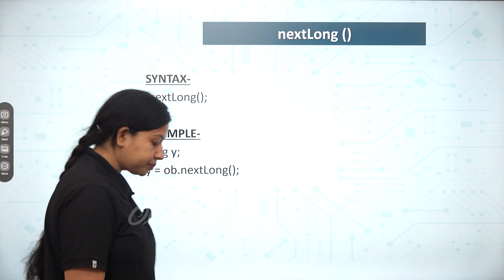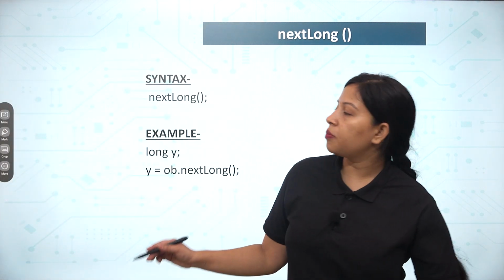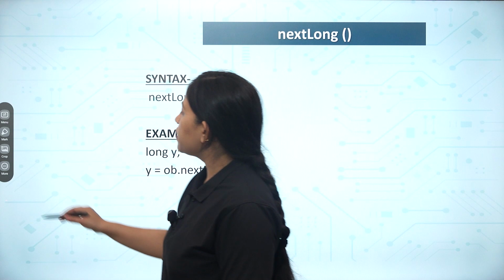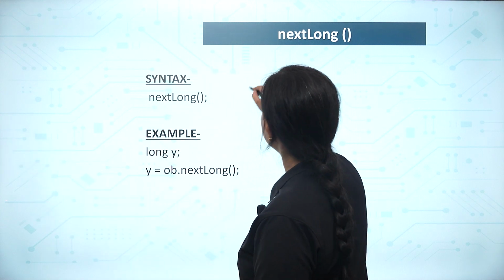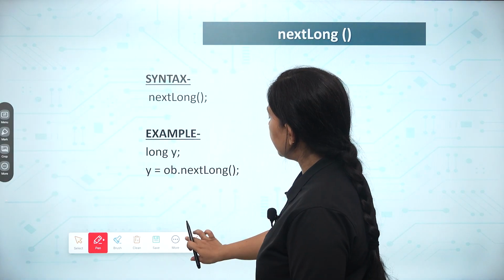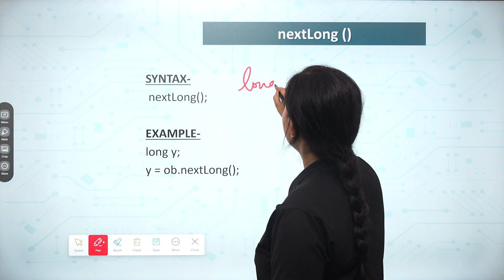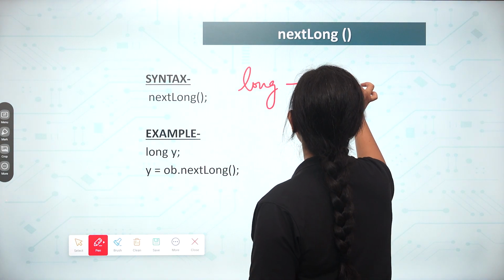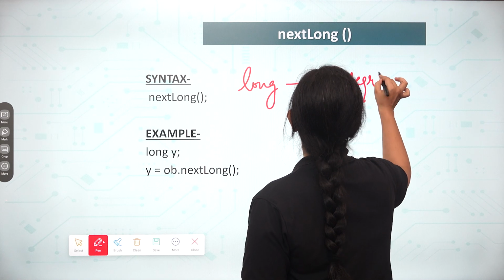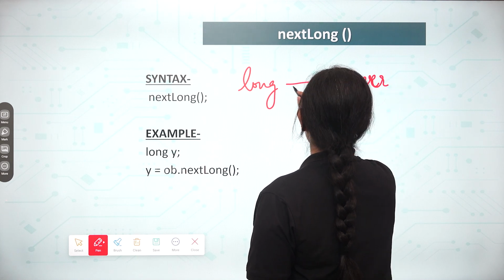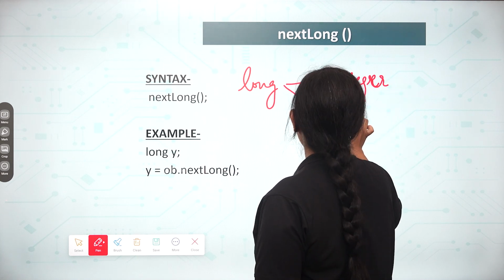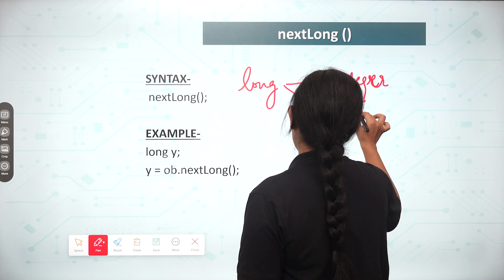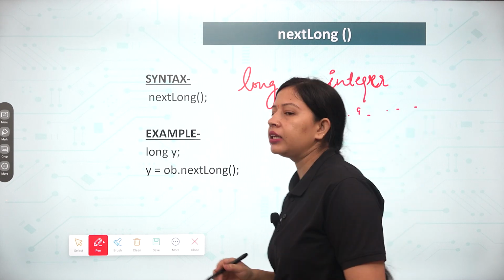Now the long. Long is also a primitive data type. So what kind of value does long always contain? Just let me know. It contains long digit integer values, up to 8, 9, 10, 13, 14, 15 digits.